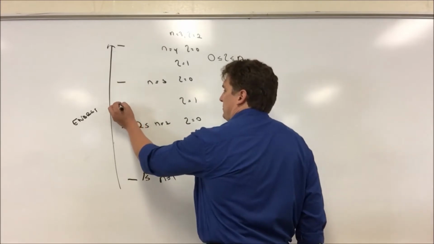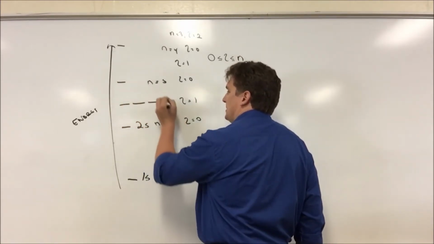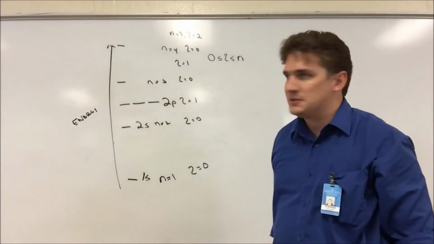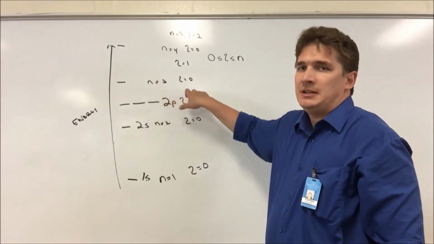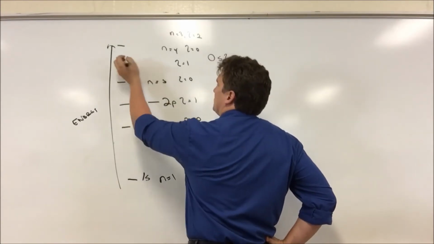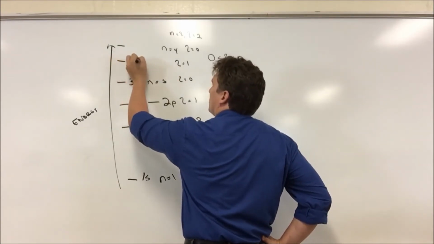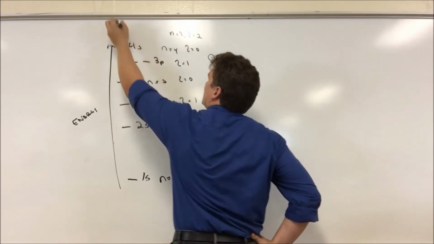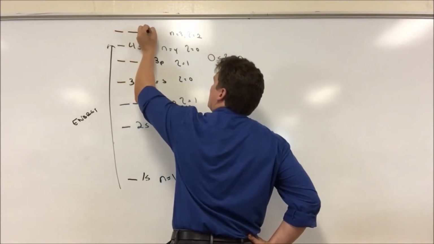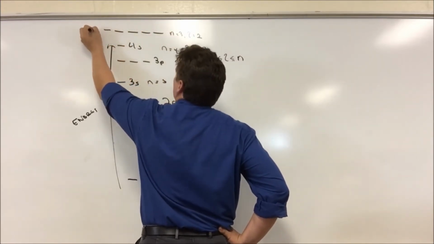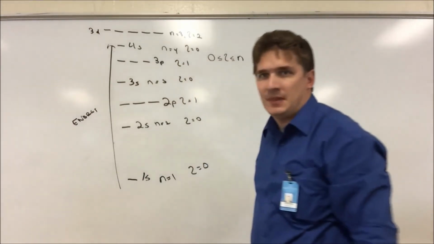So we're actually going to have three orbitals here with the same energy, and these are going to be our 2p orbitals. For n equals 3, L equals 0, this is going to be a 3s. For n equals 3, L equals 1, we've got three orbitals, so this will be our 3p. Then 4s, and then our 1, 2, 3, 4, 5 orbitals for our 3ds.